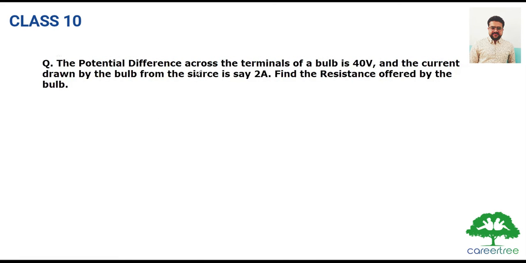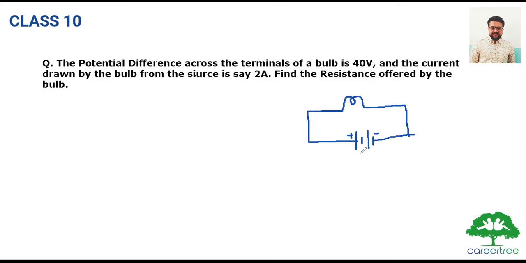with the given details. Suppose this is my electric circuit and I have a source of current, which is a battery, and in this electric circuit I have a bulb.